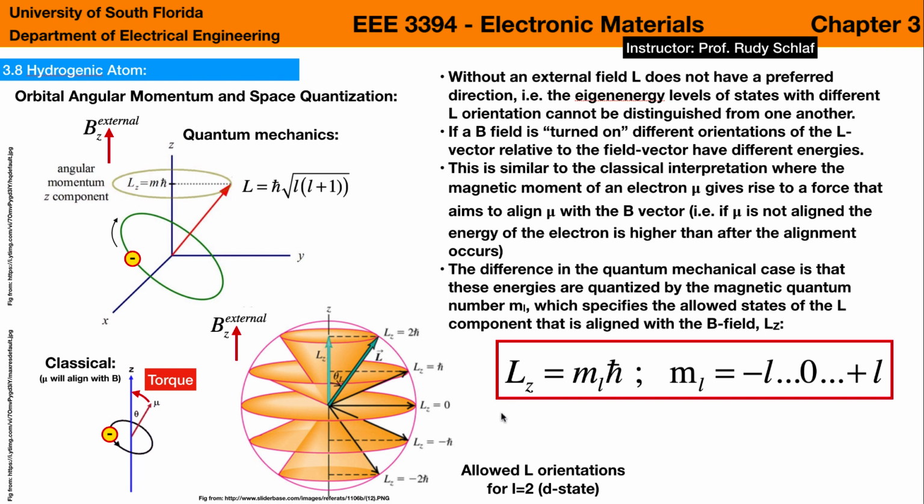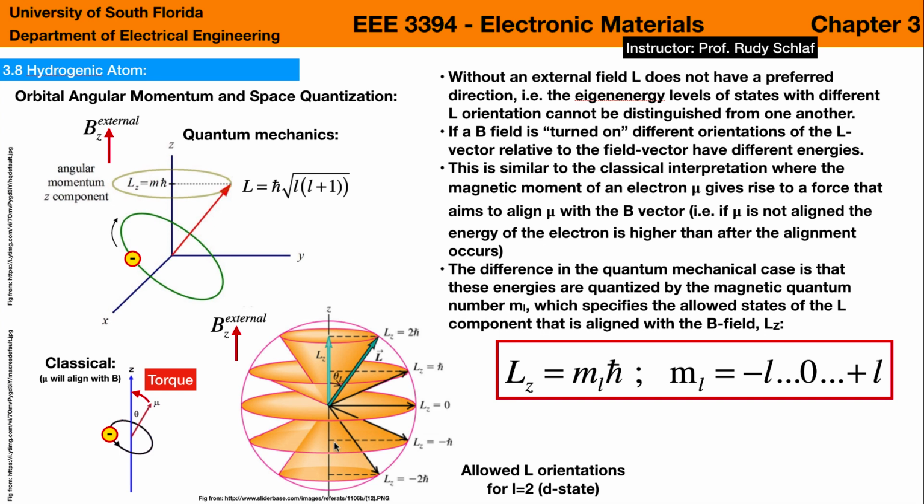And that brings into play the magnetic quantum number, which defines the values of Lz that are allowed. And so Lz is calculated by multiplying the magnetic quantum number with Planck's constant bar. And remember, ml goes from minus L to plus L in steps of one.